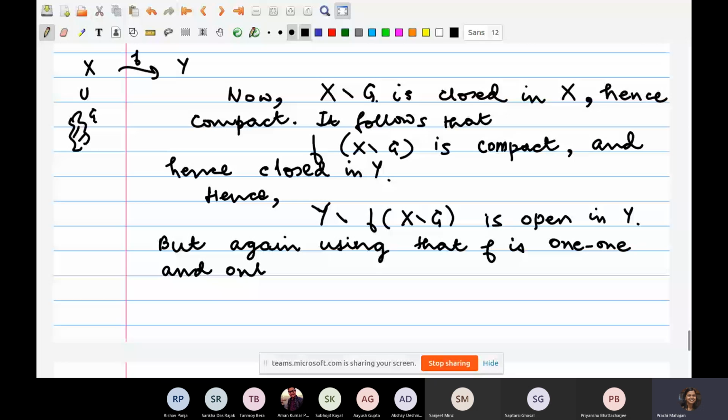So that shows that this set, where you look at the complement of G, look at its image under f, that's a subset of Y, and look at its complement in Y, is exactly f of G. And hence we are done.